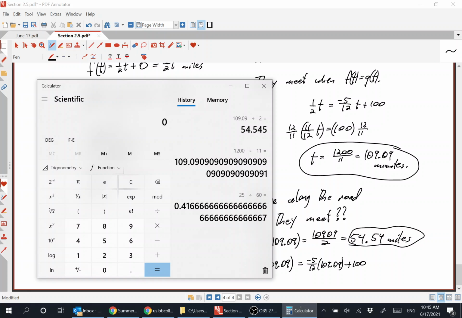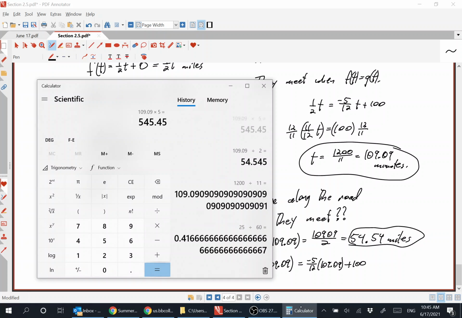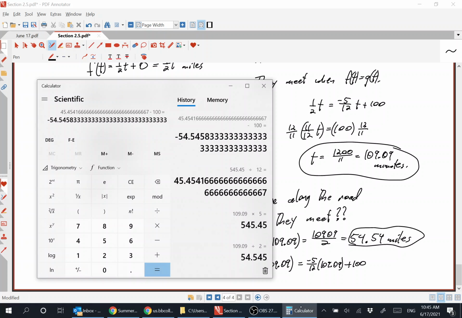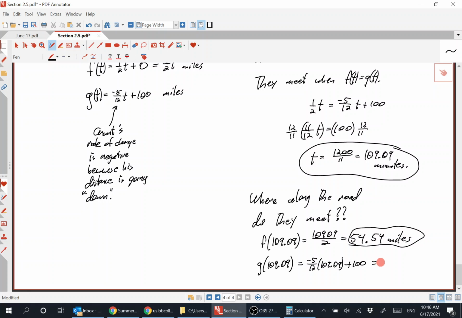So 109.09 times 5 divided by 12, plus, well, it's going to be minus in this case, 100. So, well, we were accurate enough. 54.54 miles along the road from point A.